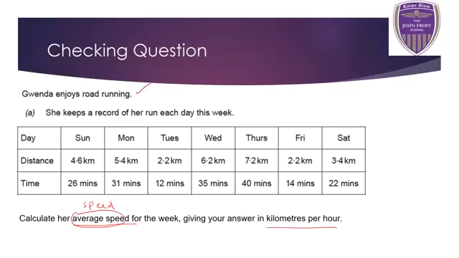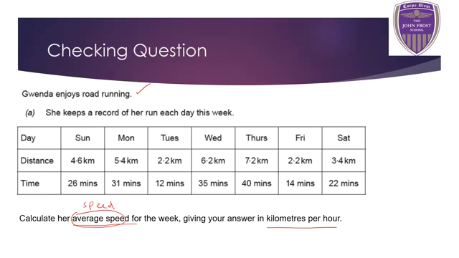So I know now that speed equals distance divided by time. And I want the answer in kilometers per hour, so I need kilometers on top and hours on the bottom. So to find the total distance, I'm going to add up all her distances for each day to find her total distance for the week.